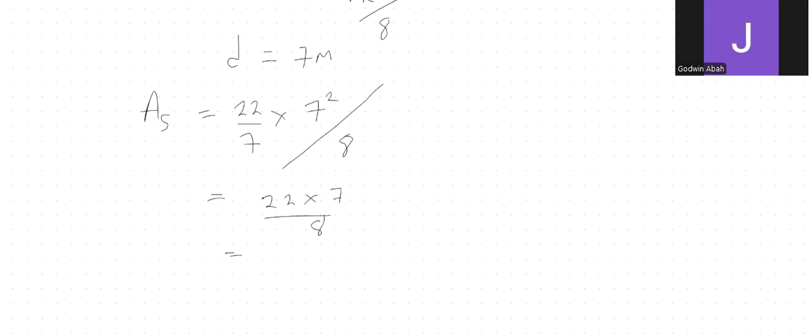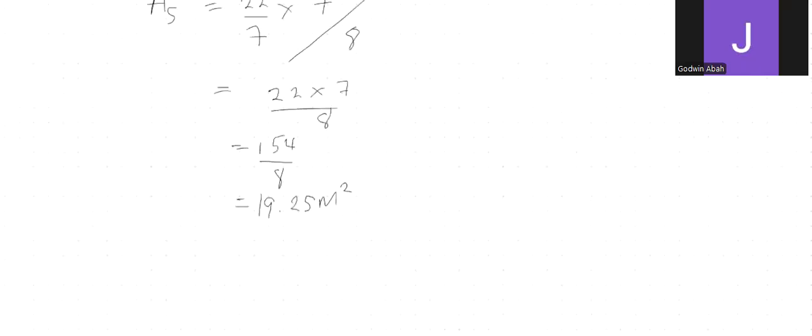Then you now divide everything by 8. So 154 divided by 8. The area of the semicircle is equal to 19.25 meters squared. So that's the area of the semicircle.